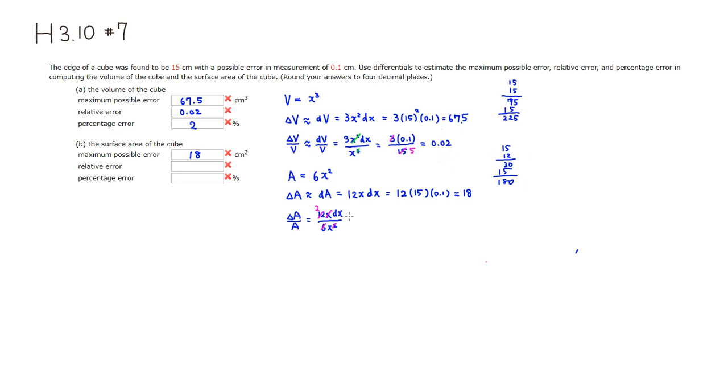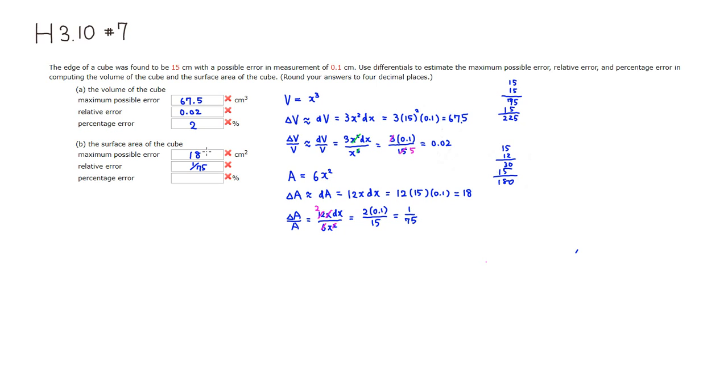So what you get is 2 times 0.1 divided by x, which is 15. Multiplying top and bottom by 5, we get 1 over 75. So the relative error is 1 over 75.